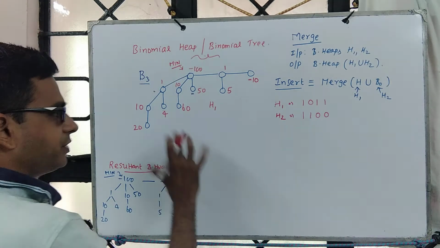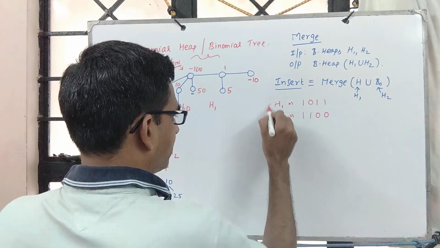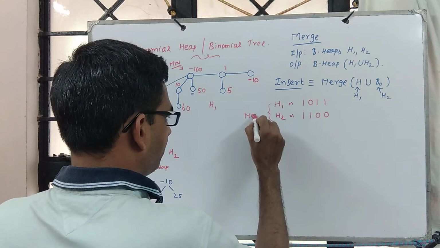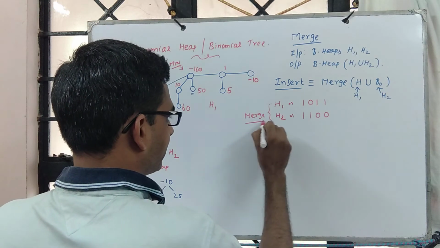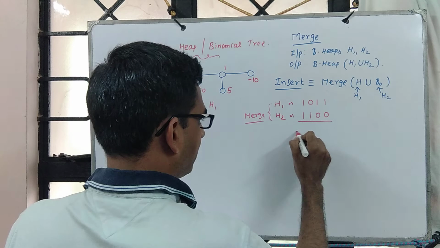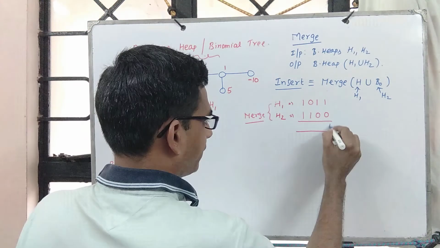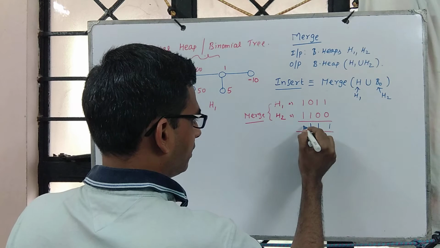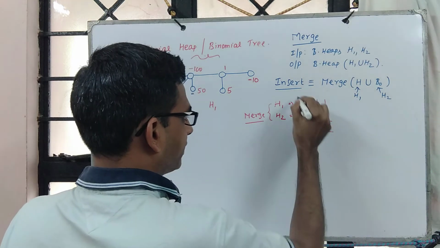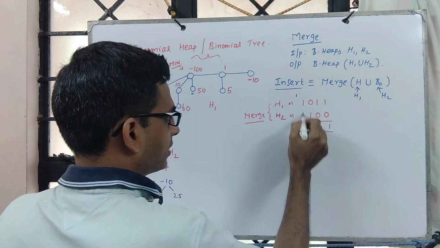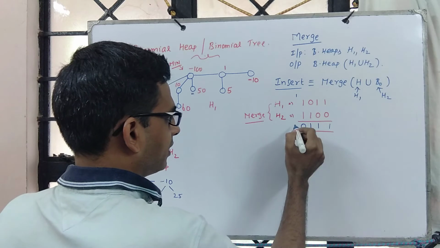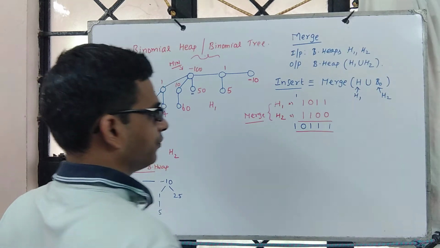Now we want to merge these two. So merging these two is simply adding the binary representation of H1 and the binary representation of H2. So we will get 1 over here, we will get 1 over here, 1 and 1, 1, 0. There is a carry, which means 2 B3s are there. That creates 1 B4.